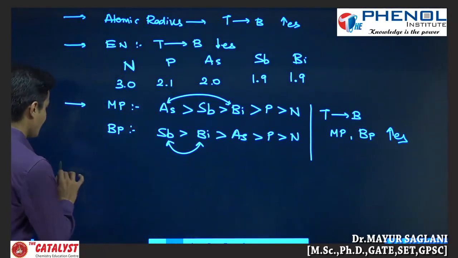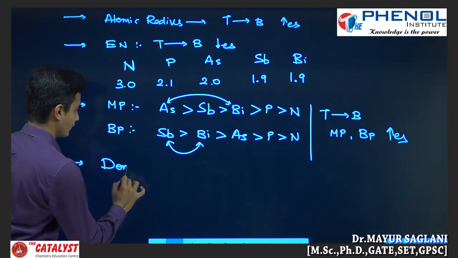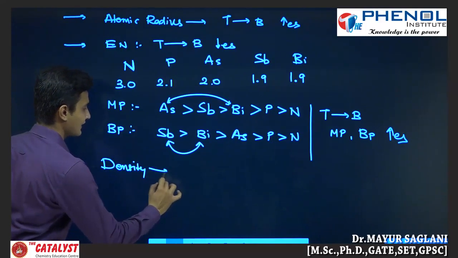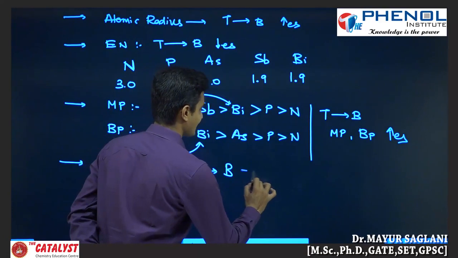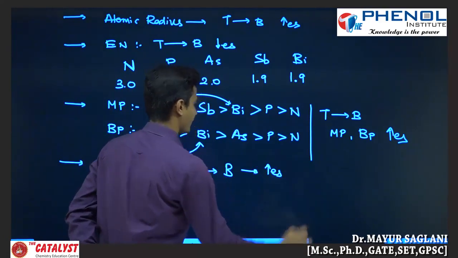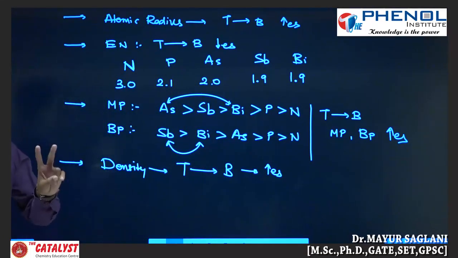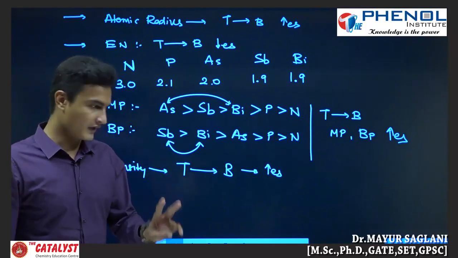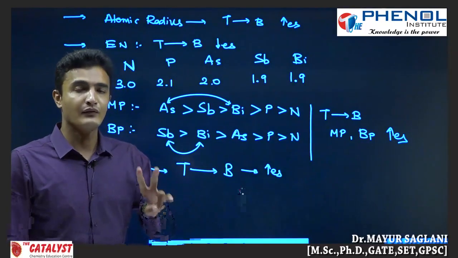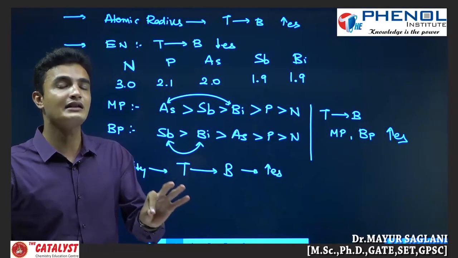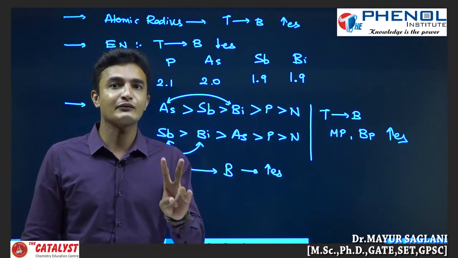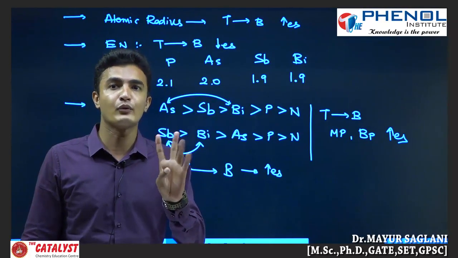Okay, fine. Next, if you see density, there is no change in the density. Top to bottom density increases. We have seen two exceptions in the density. Which two? We have seen that calcium's density is lowest in the alkaline earth metals, and there is one exception between sodium and potassium.